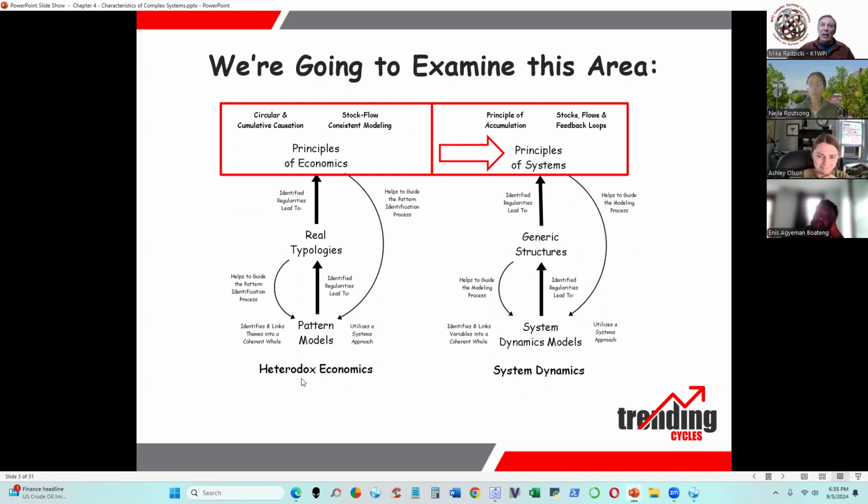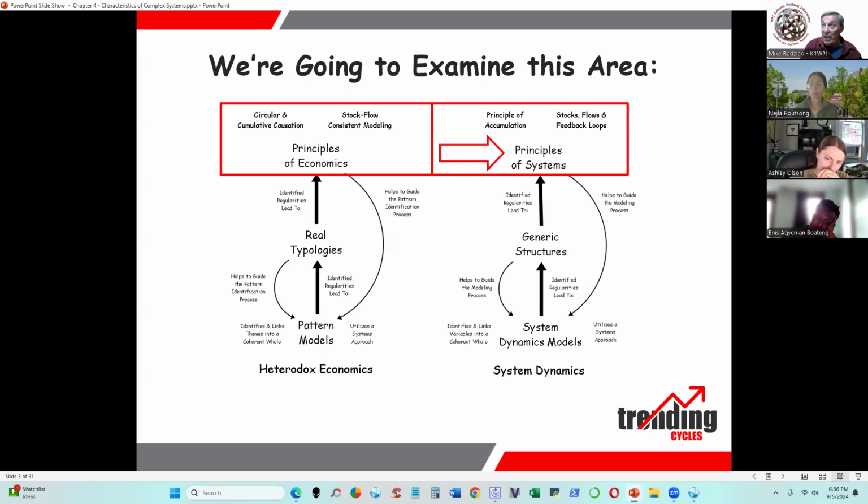So pattern modeling is an inductive process. It's like a physician trying to diagnose a patient's illness, or a detective at a crime scene trying to figure out what happened, right? It's basically the Harvard case study method. You're starting from the real world and then using inductive logic to find patterns and build your way up to principles or theory.